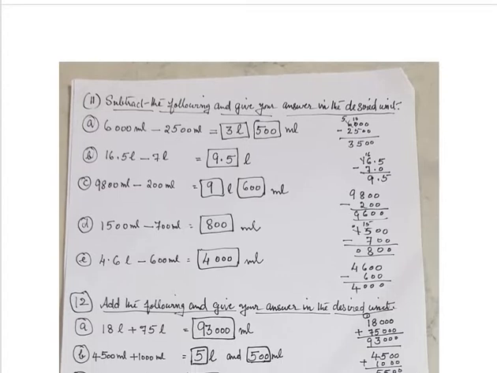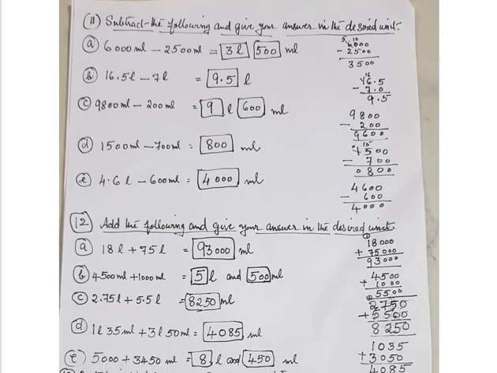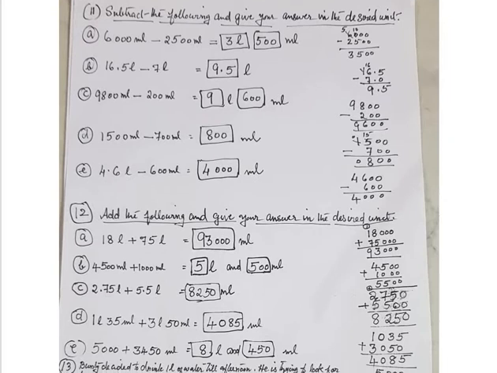So here also I had shown the method, not directly done the answer. So you also do the same way. So first one, subtract 6000 milliliter minus 2500 milliliter. And the answer column, it is asking in liter and milliliter.